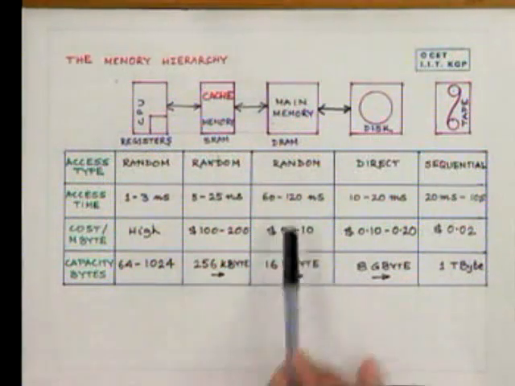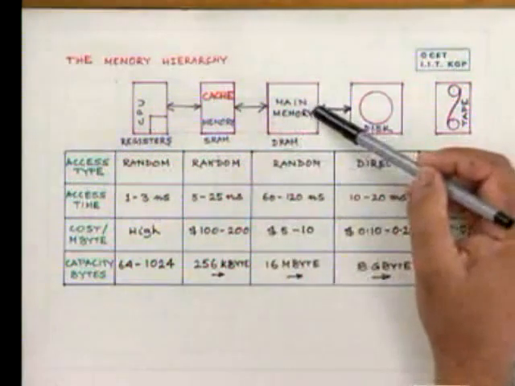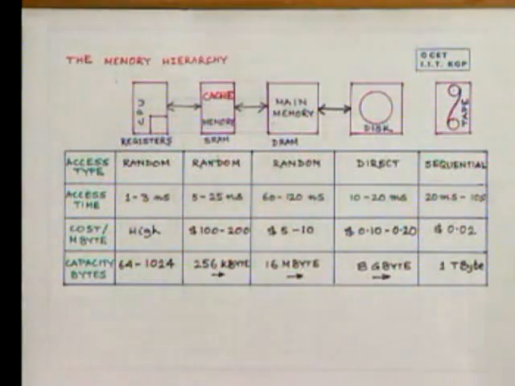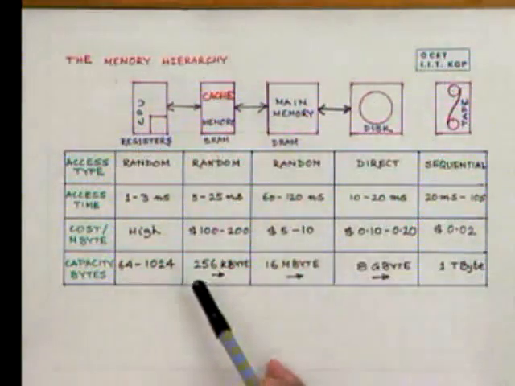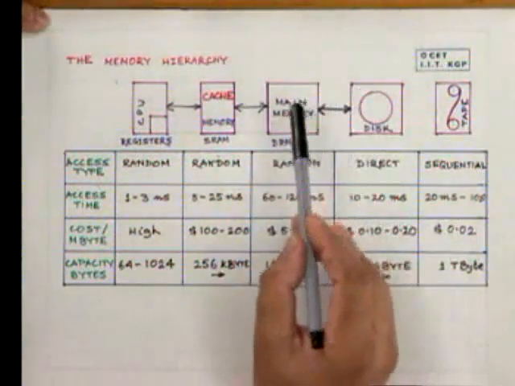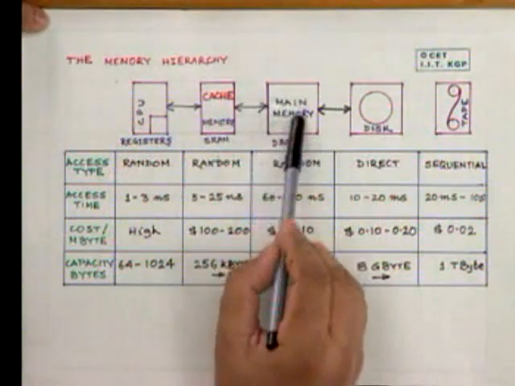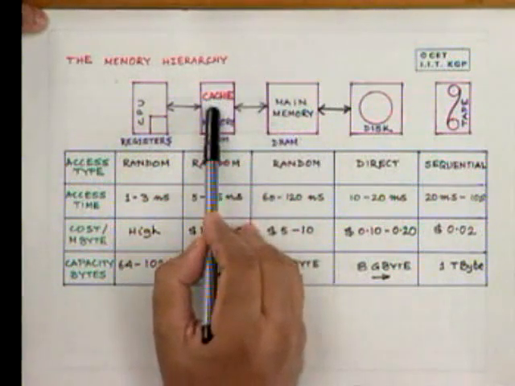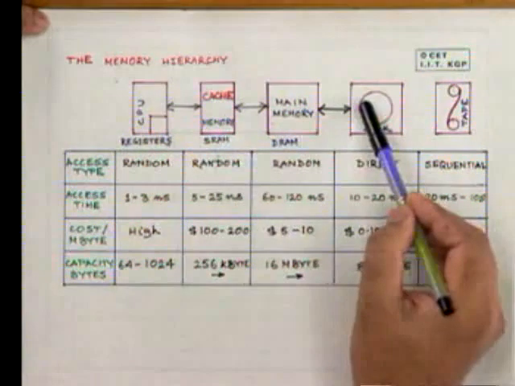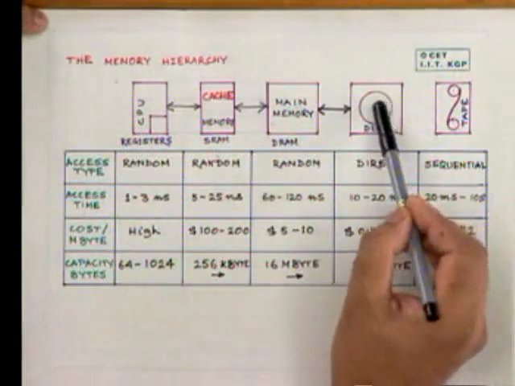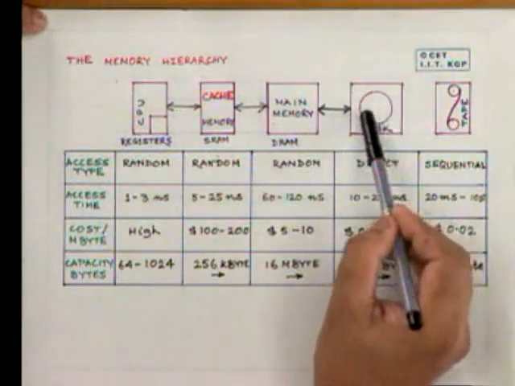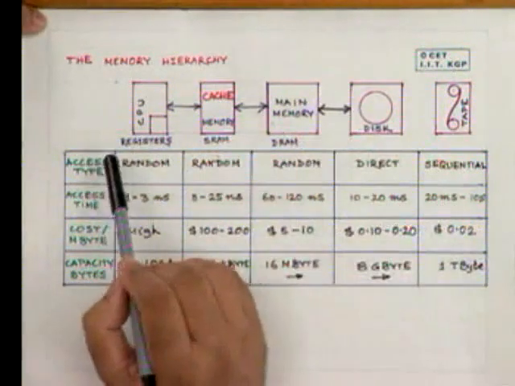What we can think of in such a case is that we need not restrict ourselves, when writing or executing programs, to the size of the main memory only. We can think as if the memory that we have is of the size of the disk space. As we have done in the case of cache memory, where a portion of the main memory's content is downloaded into the cache, similarly we will download a portion of the program or the data from the disk into the main memory as and when it is necessary.